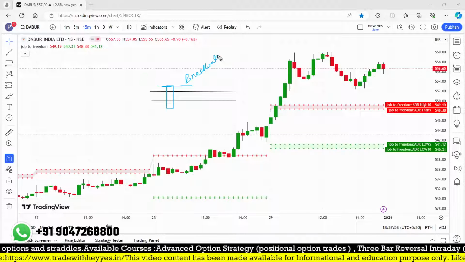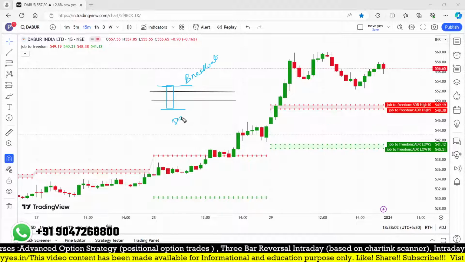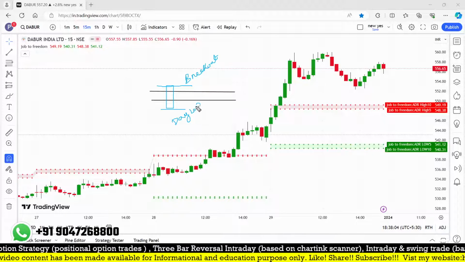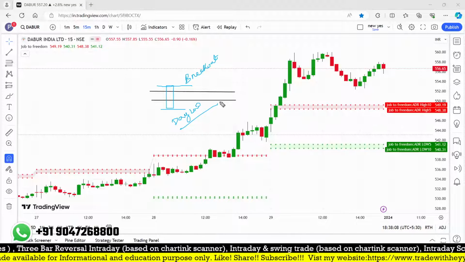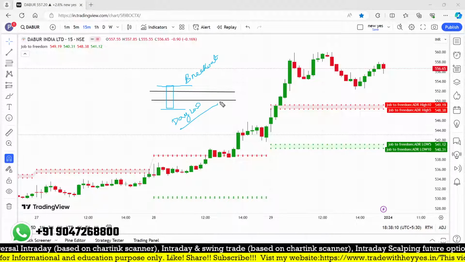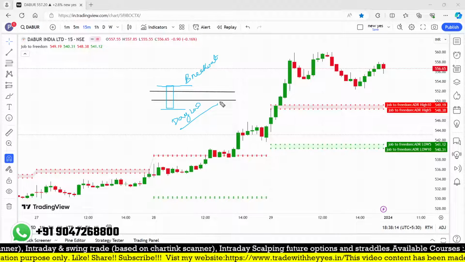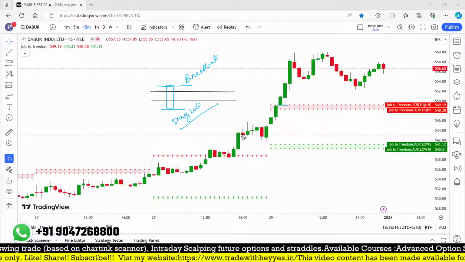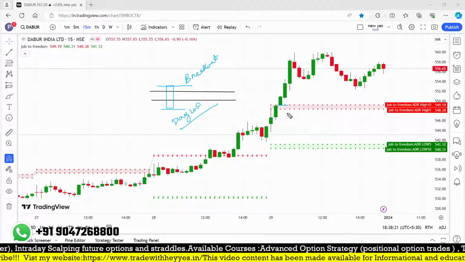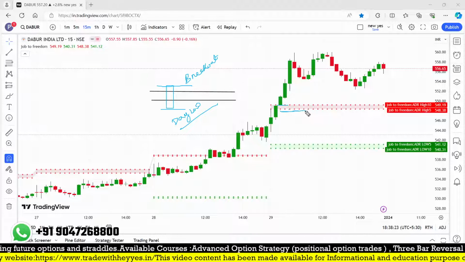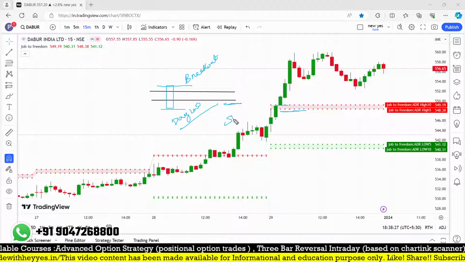If the level is very small, I can keep the day low as a stop loss. Depending on your risk appetite, you can decide whether the stock is suitable or not. This is not a recommendation for any stock, because it is a scanner, and we are discussing how to use that scanner for an intraday trade. Maybe this candle low can be the stop loss, or whichever is lower. In this case, the lower one is below the two ADR levels, so we can keep the stop below that.